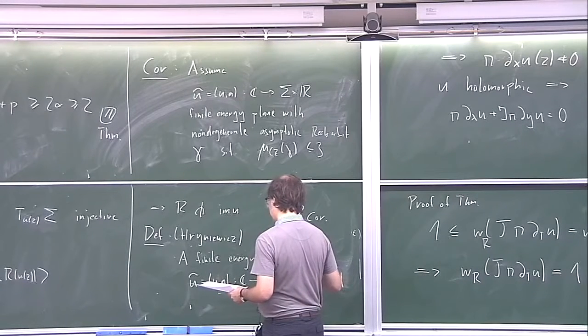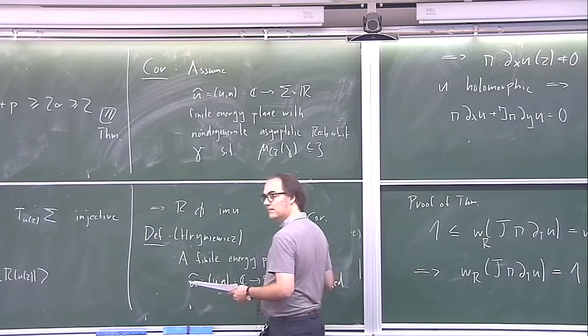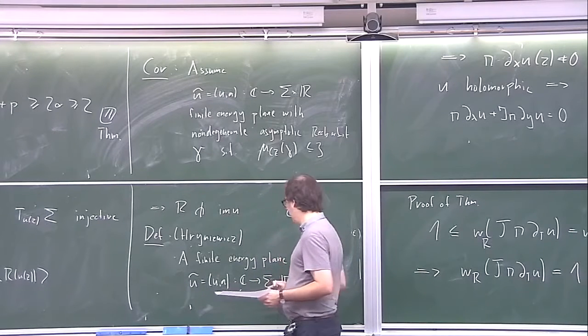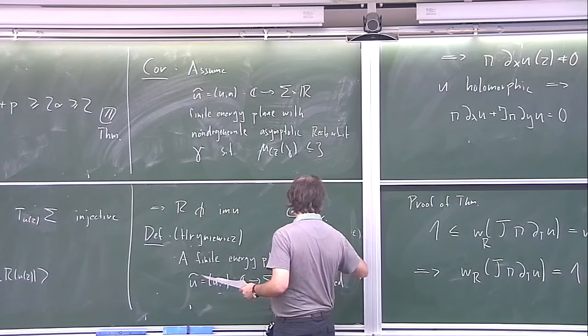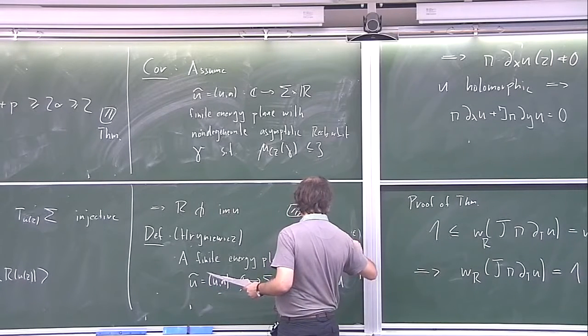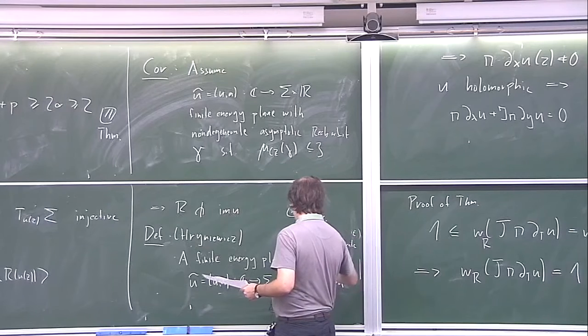Okay, so we should always have non-degenerate asymptotic orbit.